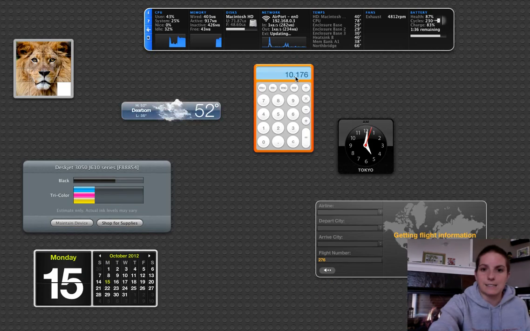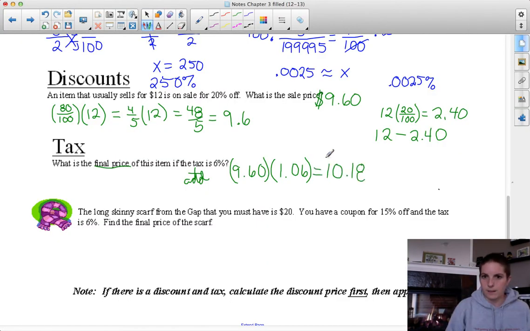Oops, I left my pen on my thing. Clear. So we need $9.60 times 1.06, and it tells us that that's going to be $10. We'll round to the nearest penny, so $10.18. And don't forget your units.